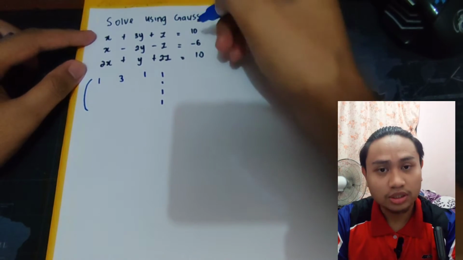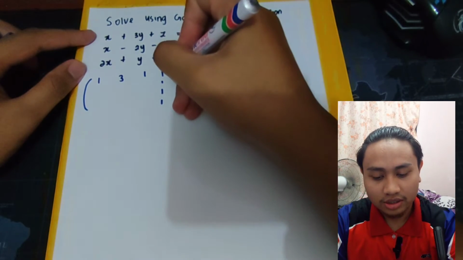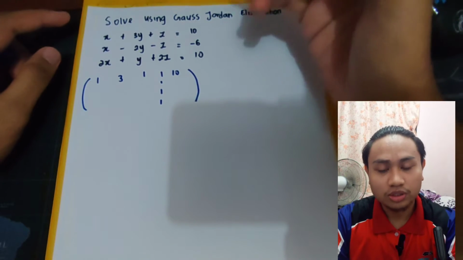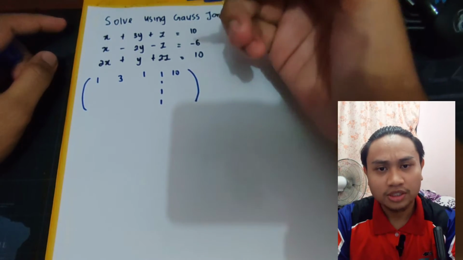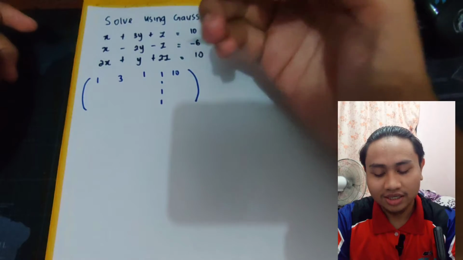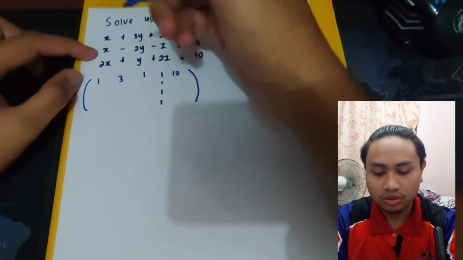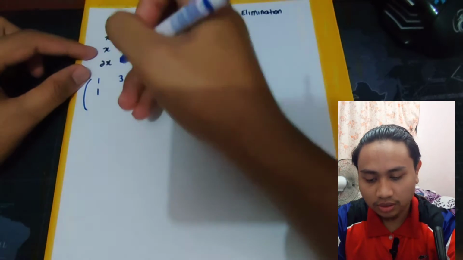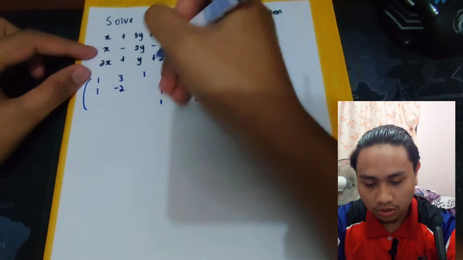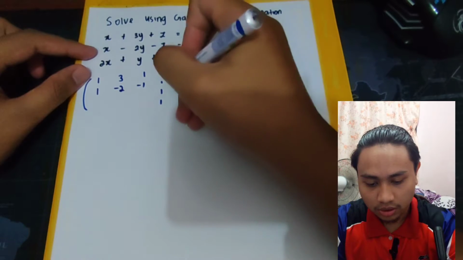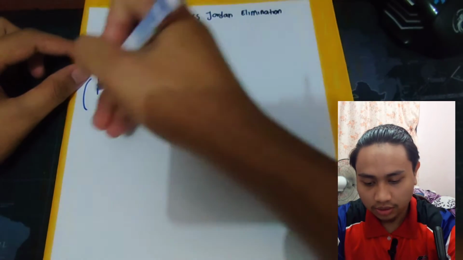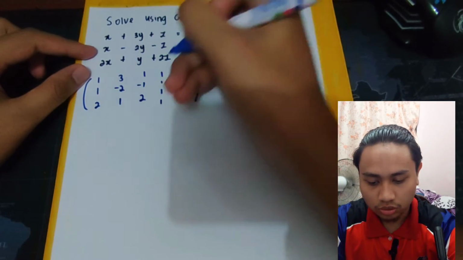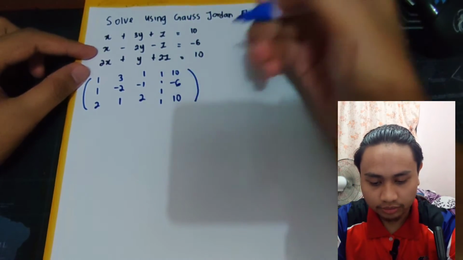So we put 10 here, then we close the bracket. Same goes to the second equation, also the third equation, just like the first one. So we just put it inside: -6, 2, 1, 2, and 10.